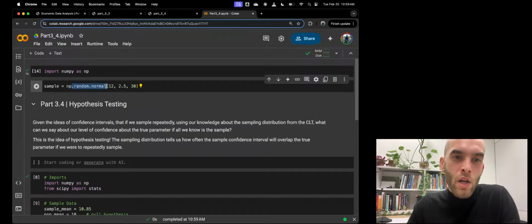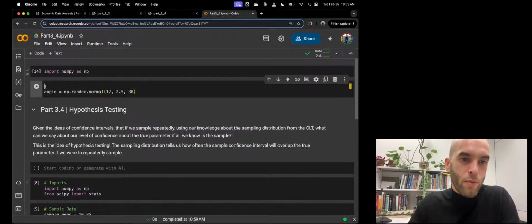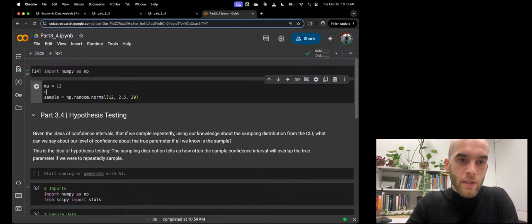So this is a random normal distribution centered around 12 with a standard deviation of 2.5. So our mean, let's call this mu, is equal to 12. And then our sigma is equal to 2.5. And then we'll just plug these in.